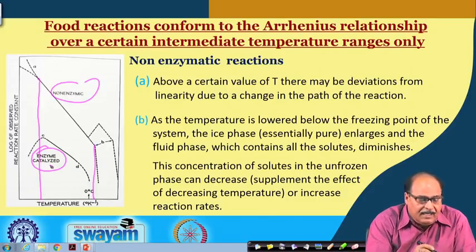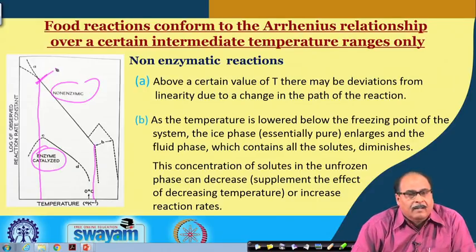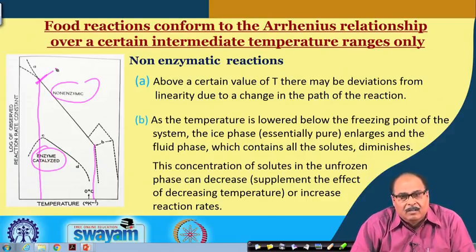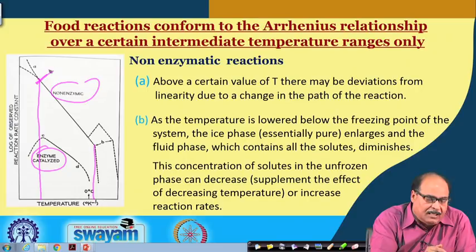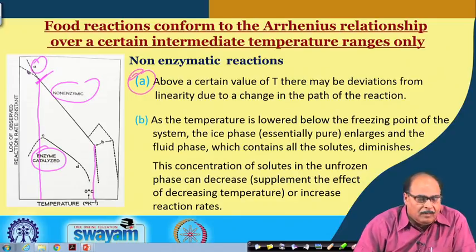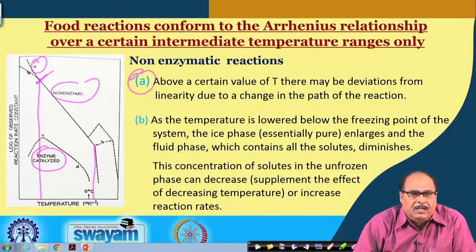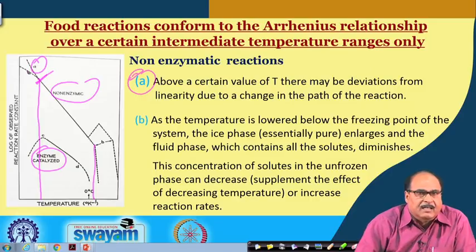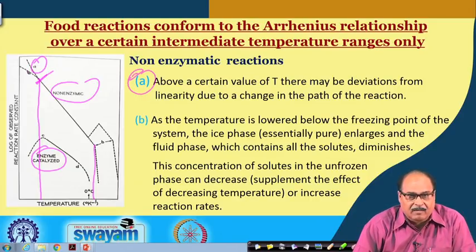On the higher temperature side, above a certain value of temperature, depending upon the product characteristics or other variables present in the system in which the food is being processed, there might be deviation from linearity, indicated here in this figure by A. This deviation may be because of a change in the path of the reaction, mainly due to a change in the concentration of the reactants.